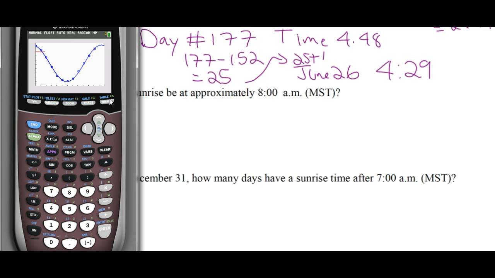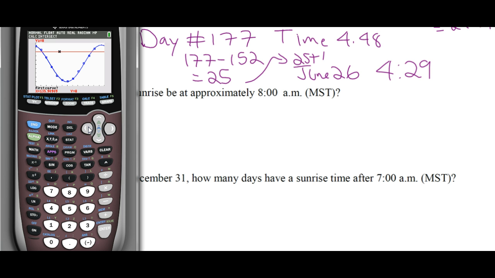Okay, and then we're going to graph that. At 2 times during the year the sun will rise at 8 o'clock, right? So for the first time, we go second calc, and we want the intersection. I'm just going to move along the red line. We're interested in the x coordinate.